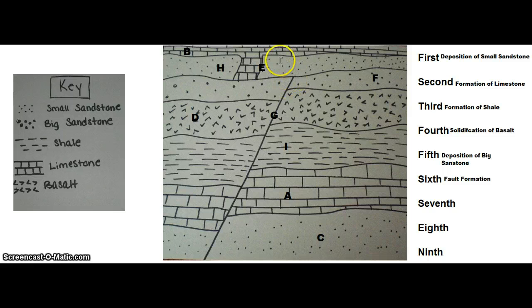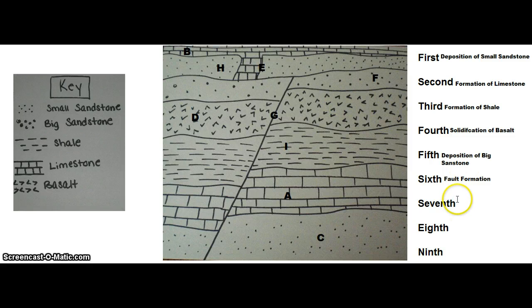On top of our fault, it can get tricky because now we have H, we have B, and this little part here is E. Again, since this is an intrusion, it's intruding or going into H. And for something to go into H, H already has to be formed.